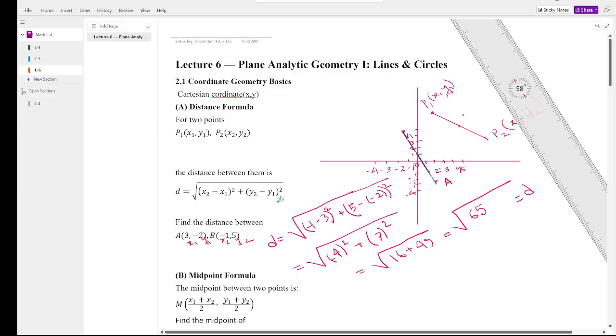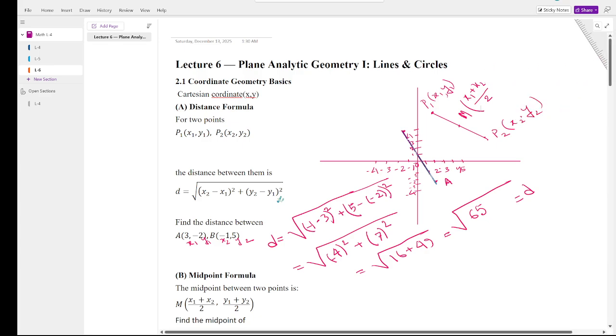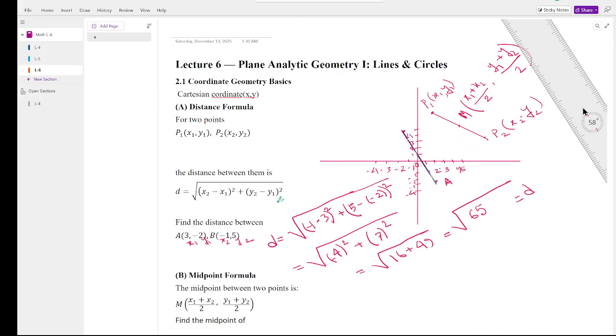So the midpoint M equal (x1 plus x2) divided by 2. This means the x point is the average of x1 and x2, and the y point is (y1 plus y2) divided by 2. This is the midpoint.